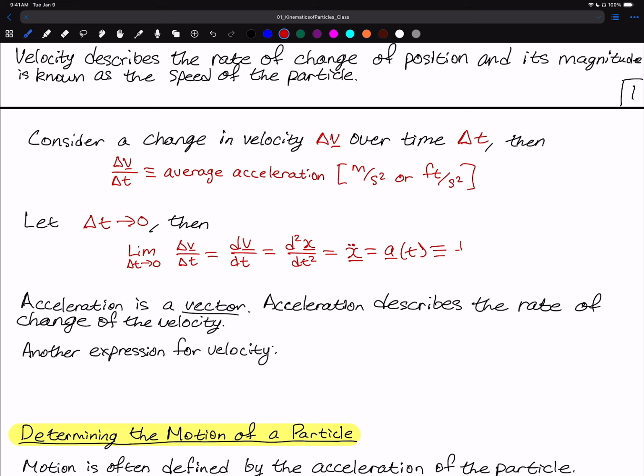And this is the instantaneous acceleration, which is also a vector. So the double dot here represents a second derivative with respect to time. So the acceleration is, we can show, the second time derivative of the position, or the first time derivative of the velocity. So acceleration describes the rate of change of the velocity.